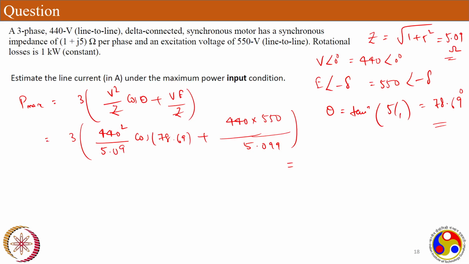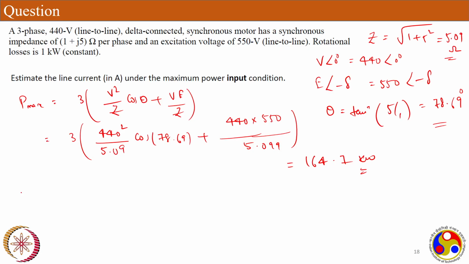So do this plus this one, multiplied by 3 times. Yes, 164.7 kilo. How much were you saying? Yeah, that's right, Dinesh. So 164.7 kilowatt. So this is the maximum input power condition.